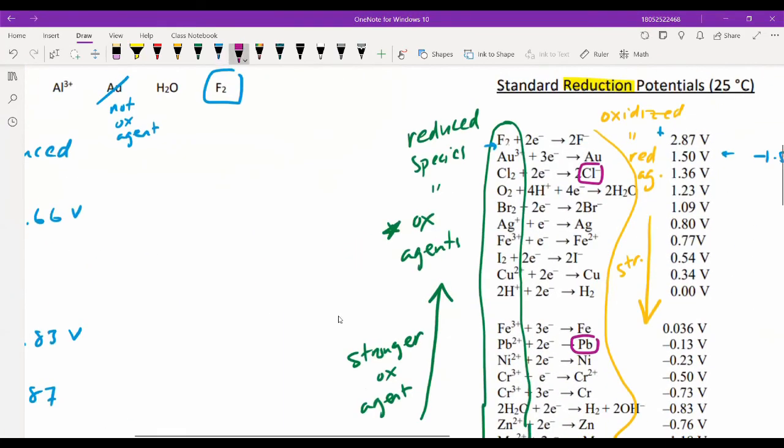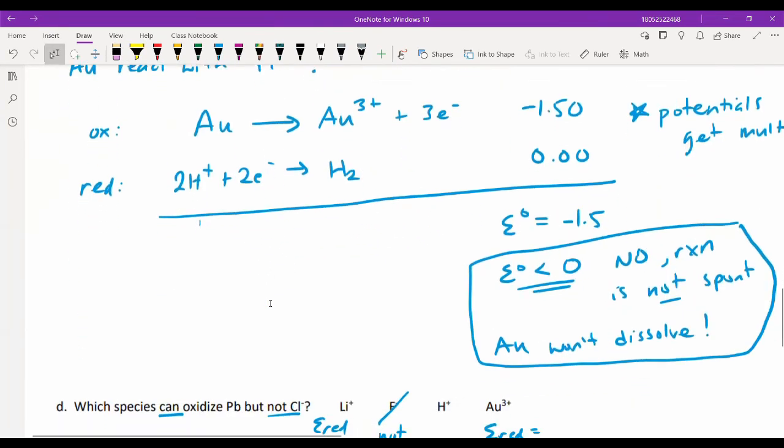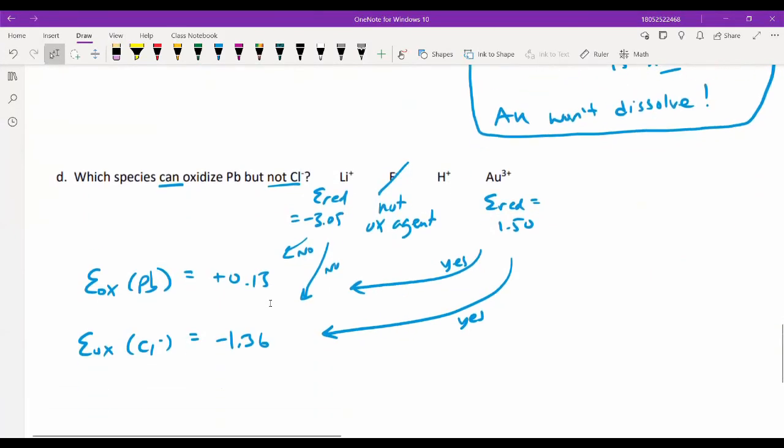Right? Just think about this here. I circle gold 3 plus. Oh, that's downhill for chloride. It's downhill for lead. It will be able to oxidize both of them, right? Gold loves cookies, a lot, so it's going to take cookies from both of them. It's going to steal cookies from both of those other ones.